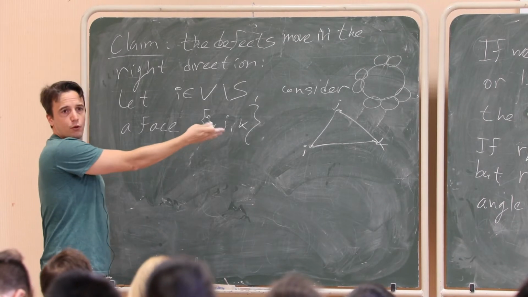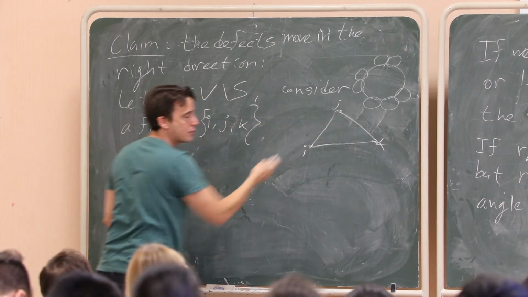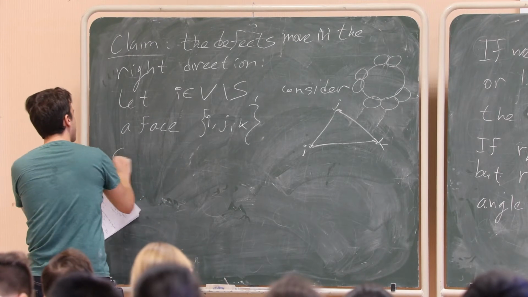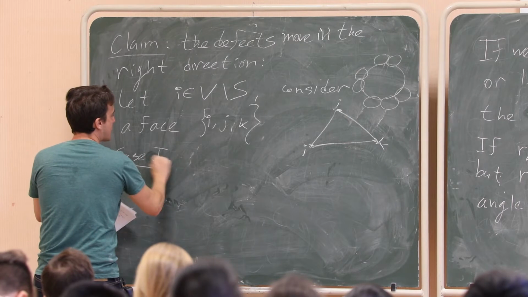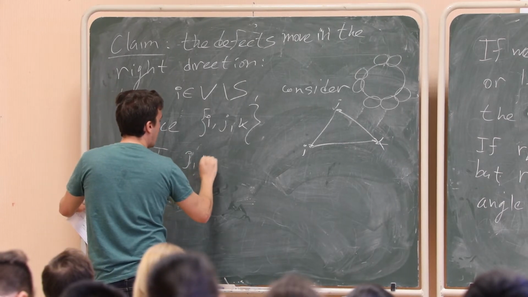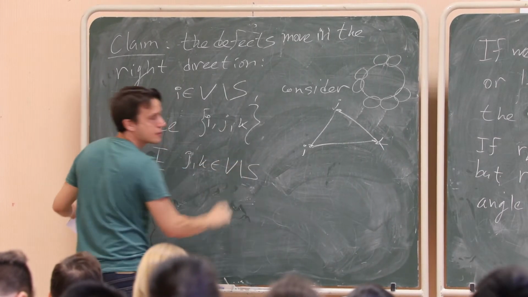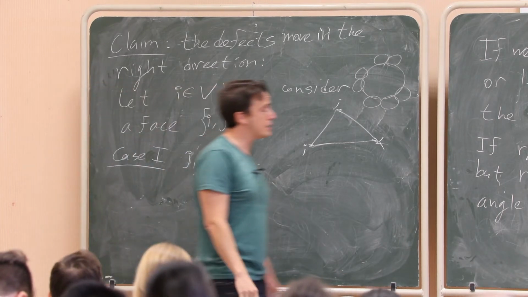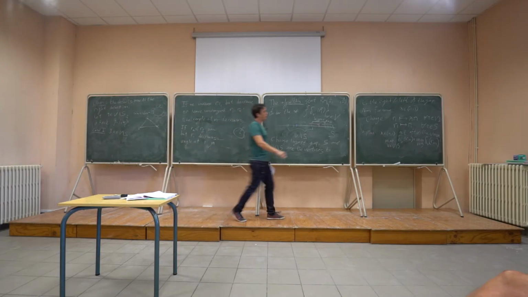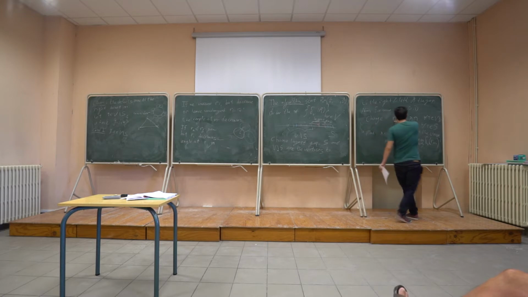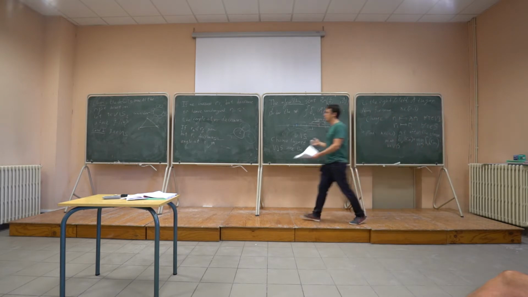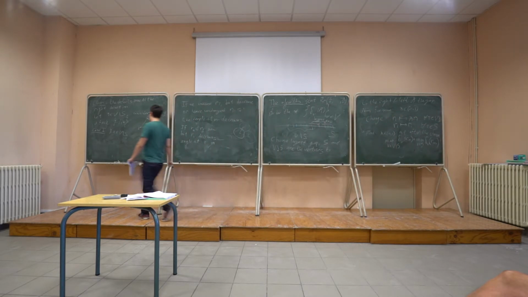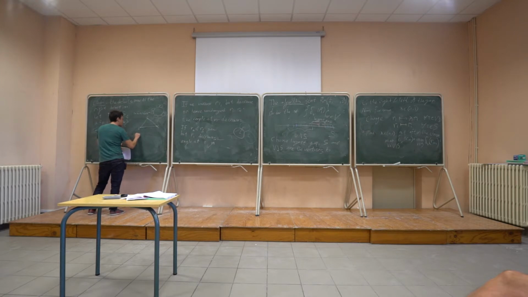So there are a few possibilities according to what happens to J or K. There are three cases, so let's check each case in particular. The first case is that both J and K are in V minus S. In this case, I multiplied R I, R J and R K by the same constant lambda, so the angle has not changed at all at this face, which is fine.